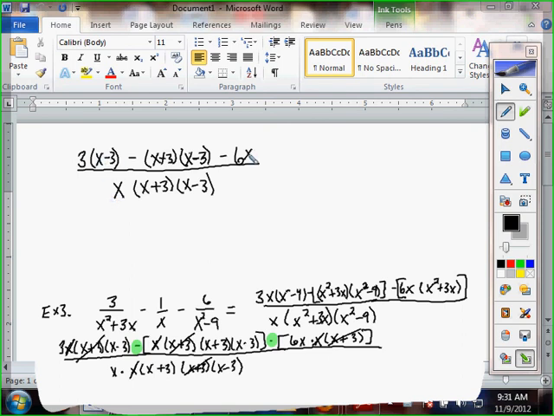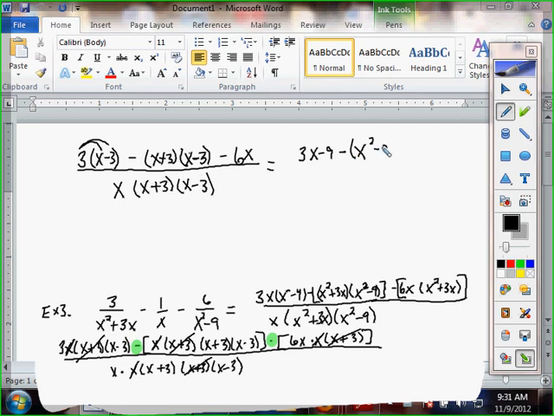But this top, what possibly can happen is if I distribute this 3, if I FOIL these and combine like terms, it's likely that I'll have another polynomial that I can factor and get something in common that might cancel out with the bottom. So I'm going to distribute here, and I'll have a 3x minus 9 minus, this is just a difference of squares, so that's x squared minus 9.